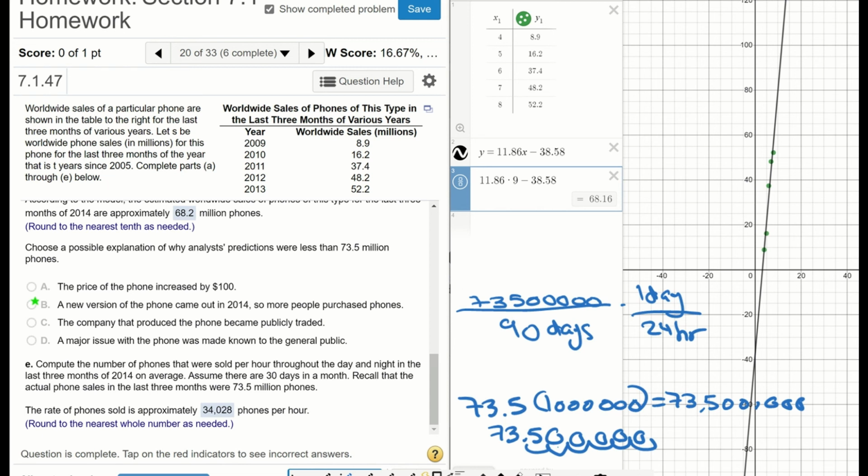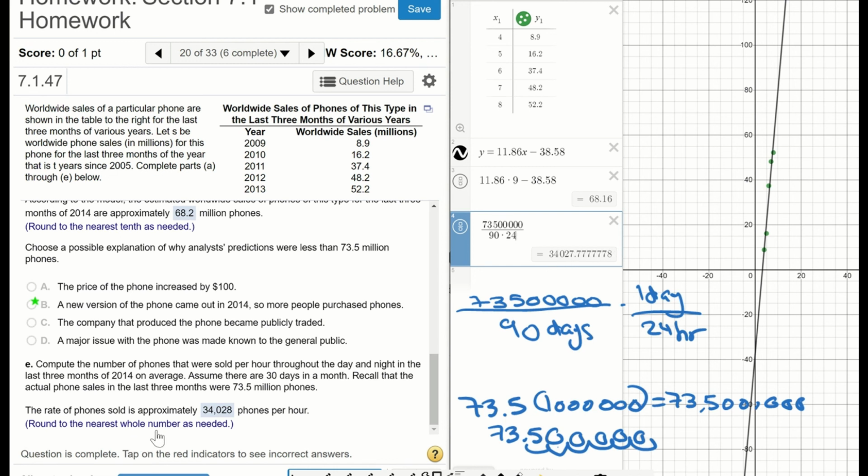So we just go ahead and type in 73,500,000 divided by 90 times 24. And we end up with 34,027.7.